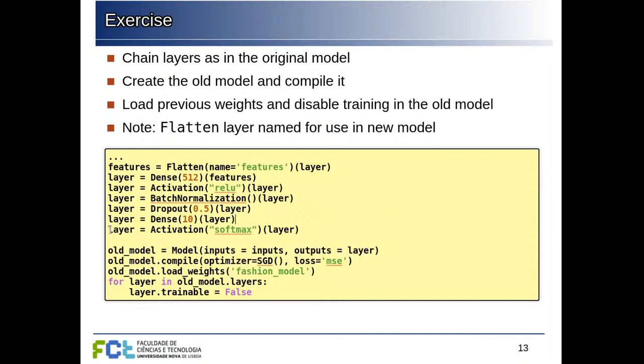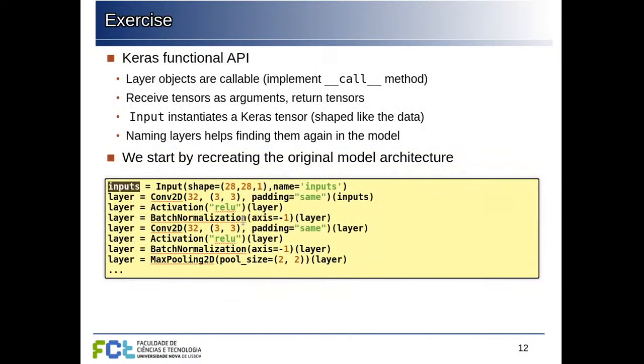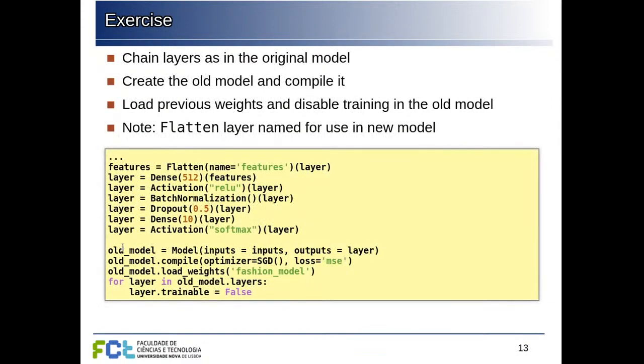So the output would be this layer here, the inputs would be this variable that we created here with the input layer. So this model that we create here, the old model, will be a model that goes from the input to the output of last week's model that we have already trained.